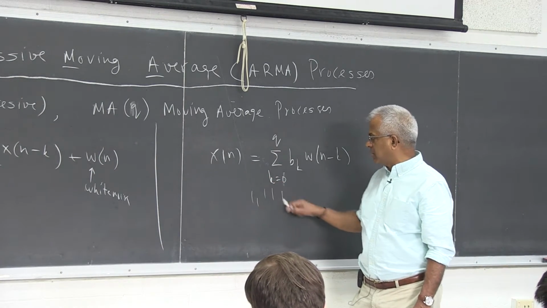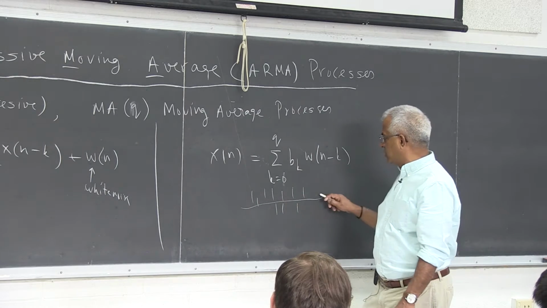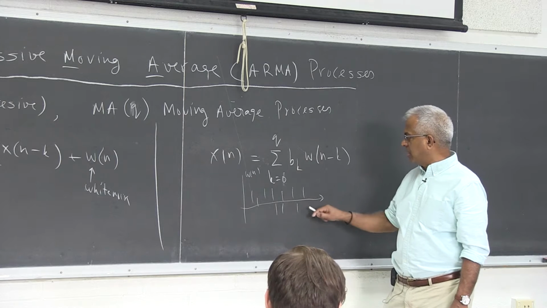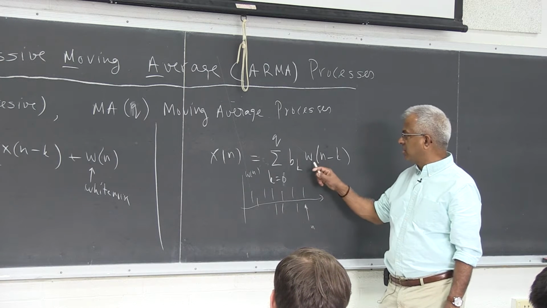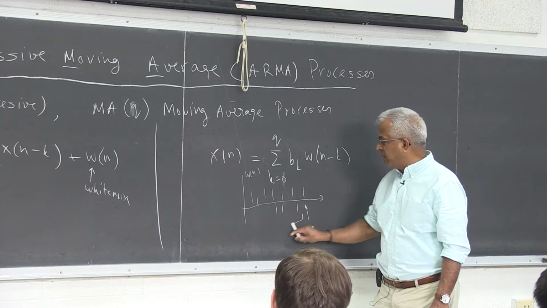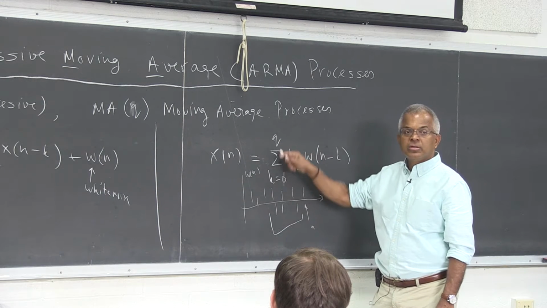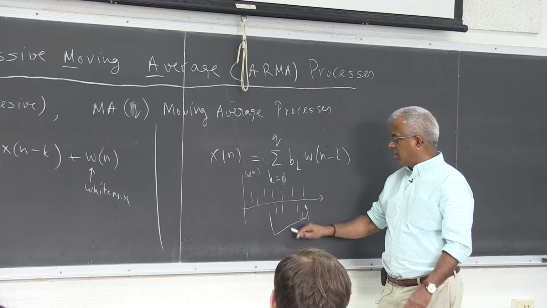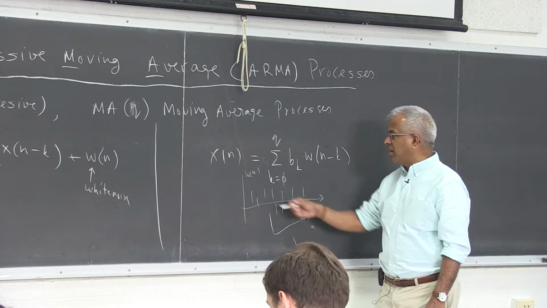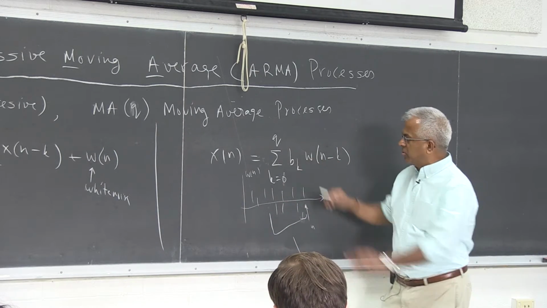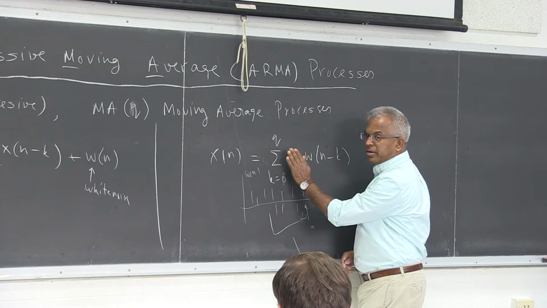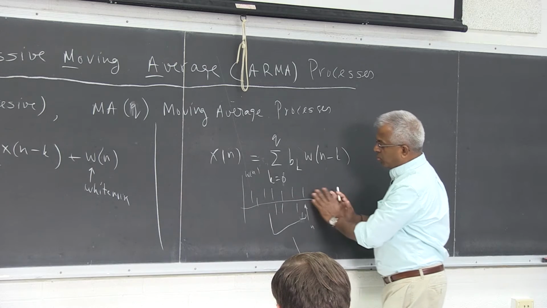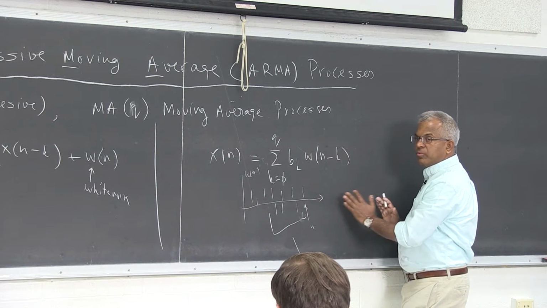If this is some process w of n, then at any point n, you take a window of size Q plus 1, including the current value, and simply average it. You're only averaging the w values. Think of these coefficients as all equal to 1 over Q plus 1. Then this is just a running average. You move forward, and the window moves with you. That's why we call it moving.